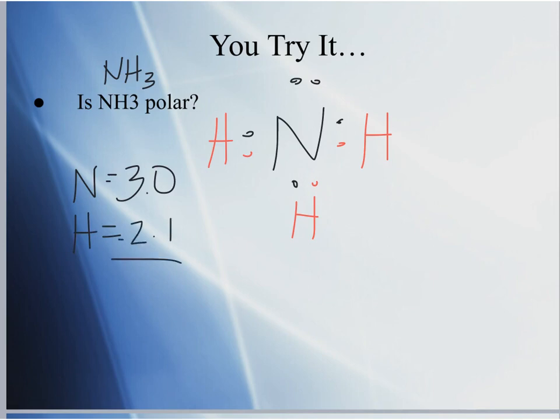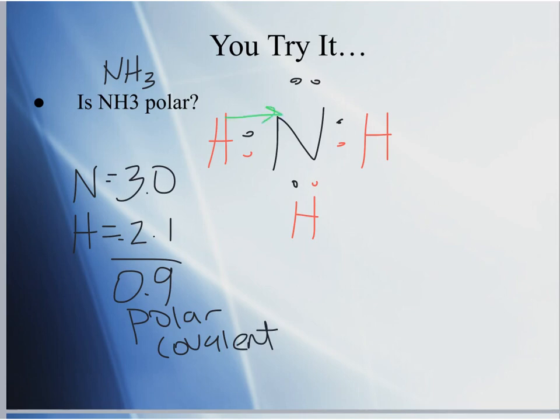If we subtract that, we get a difference of 0.9, which is in the polar covalent range. That means that when they're sharing these electrons, nitrogen is pulling the electrons more, or hogging the electrons more than hydrogen. So to depict that, we're going to draw arrows towards the nitrogen.